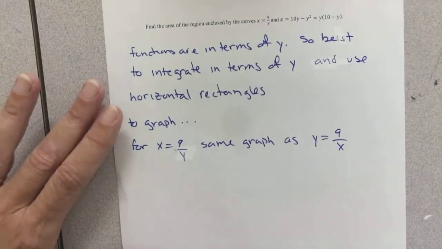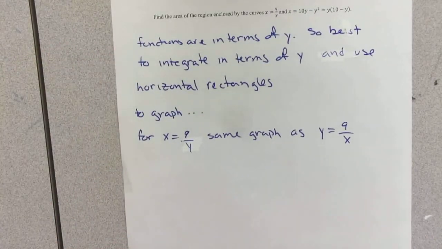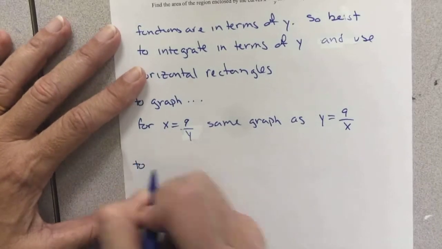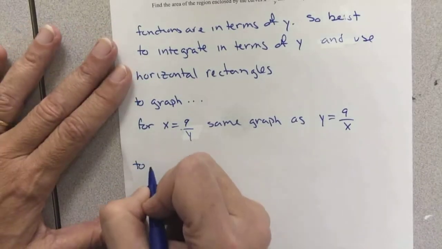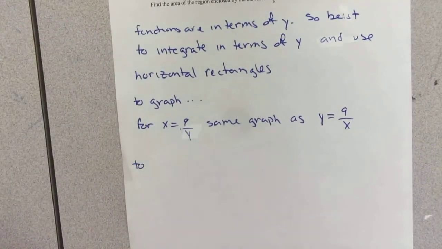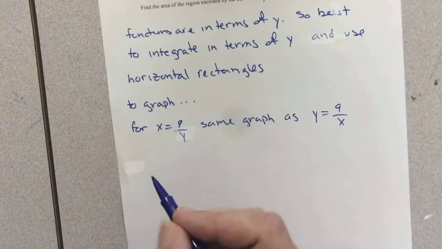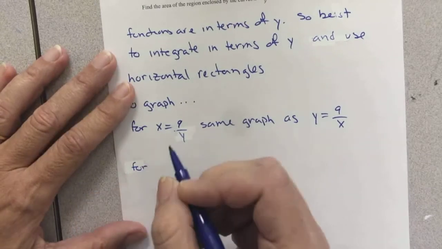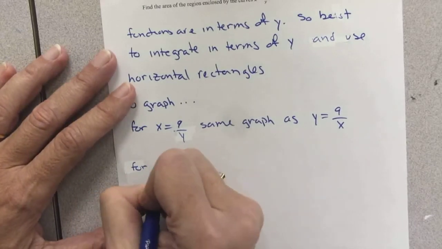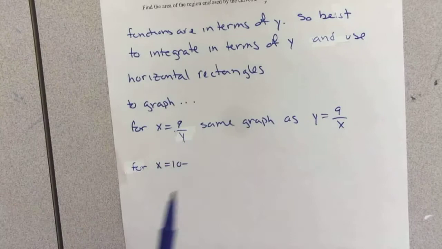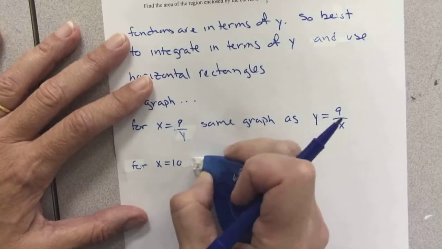So that'll be easy to graph. Then to graph the other one, x equals 10y minus y squared.